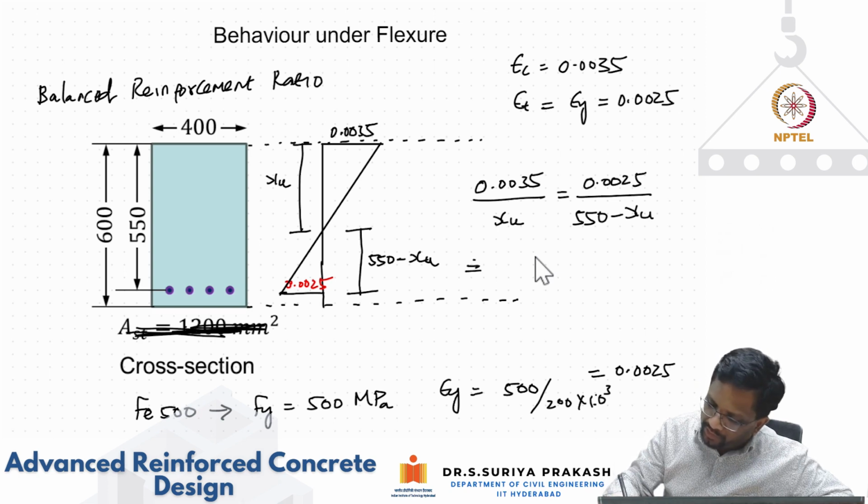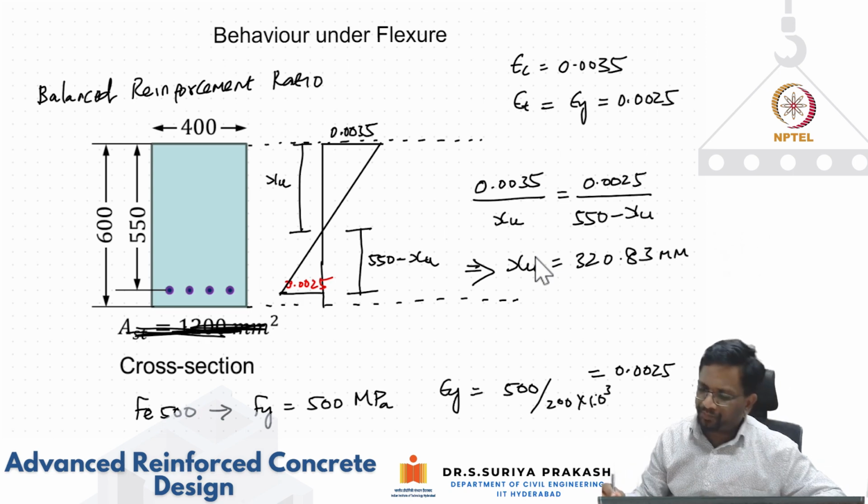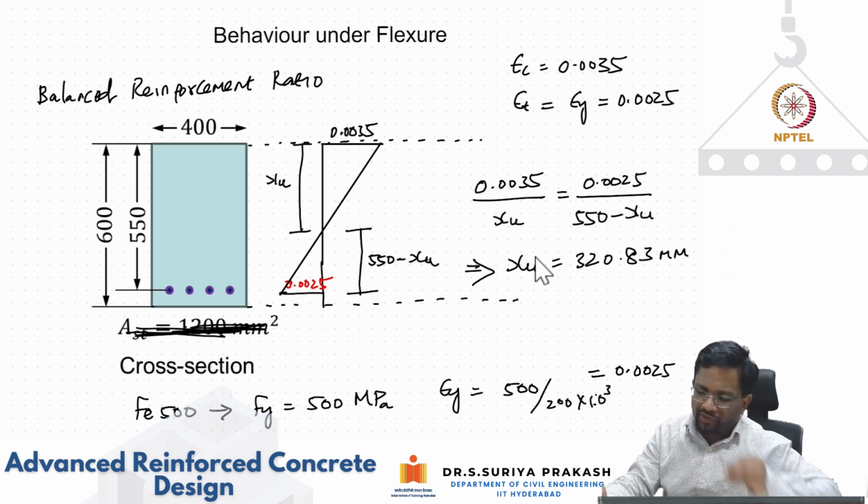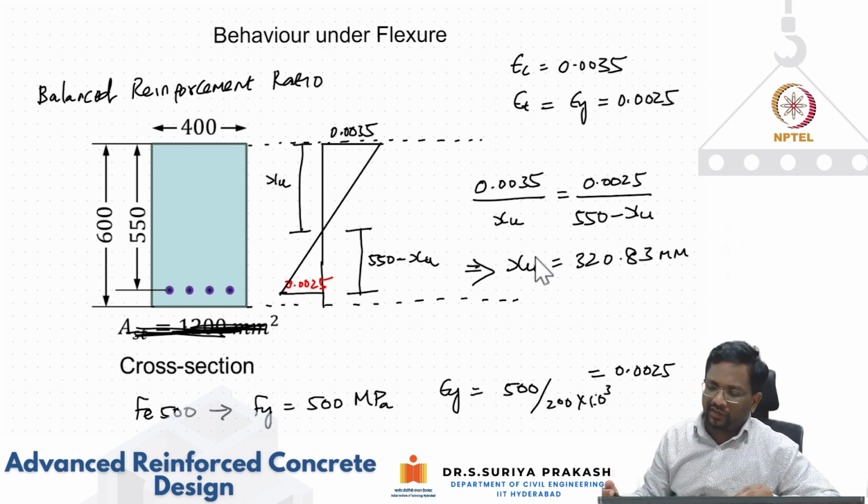If you solve for this, you will find xu is equal to 320.83 millimeter. Okay, so this is the neutral axis. So for a balanced condition, the neutral axis depth is given because I am fixing the strain at the top compressive fiber, and I'm also fixing the strain at the tension steel. So neutral axis depth can be quickly calculated.